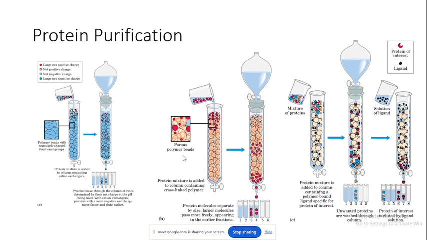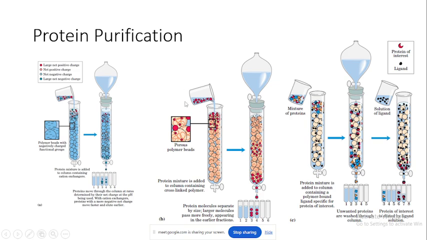Now this cell lysate which you are pouring here has either small size protein or large size protein. The small size protein will enter into all of the pores, and it will take more time to travel. Why? Because it will enter into each of the pores, so its path length will be increased. So it will take more time to be eluted.